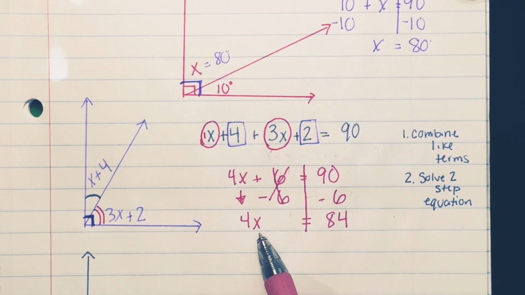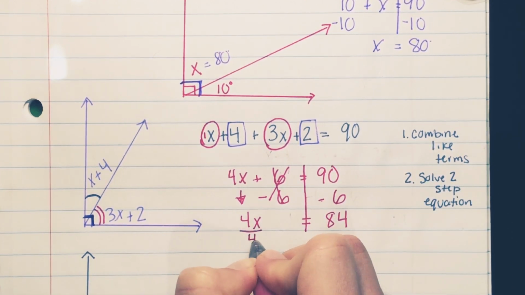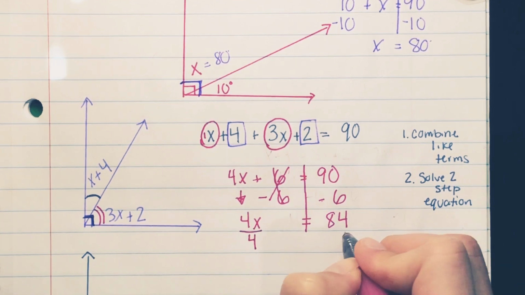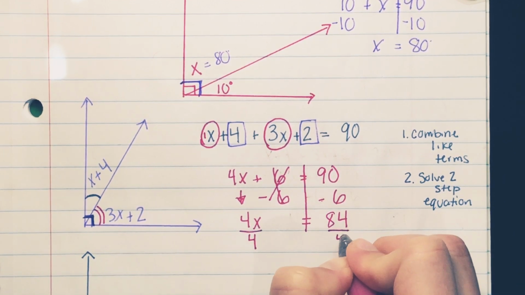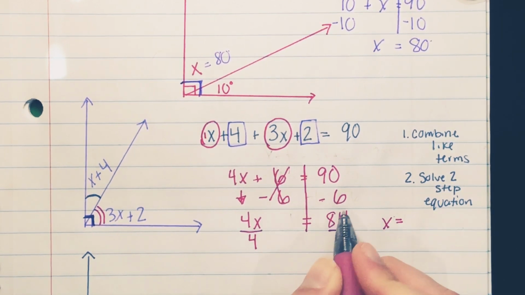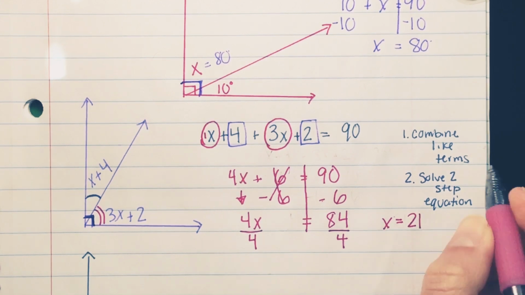So the opposite of multiplication is division. So now we divide by 4. We're trying to get x by itself. X wants to be alone and all by itself. So we divide by 4. X equals 84 divided by 4, which is 21.